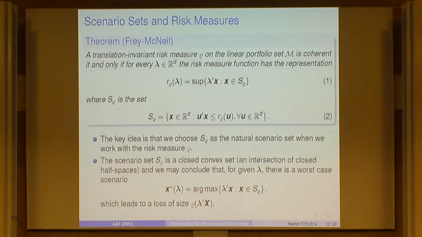What's nice about this scenario is it leads you directly to a loss. It's a scenario that will give you a loss of size rho of lambda transpose X. For example, if rho is the expected shortfall, this is a scenario which will give you a loss at the level of the expected shortfall, say the 90%, 95% expected shortfall. Okay, so that is the worst case in this set.